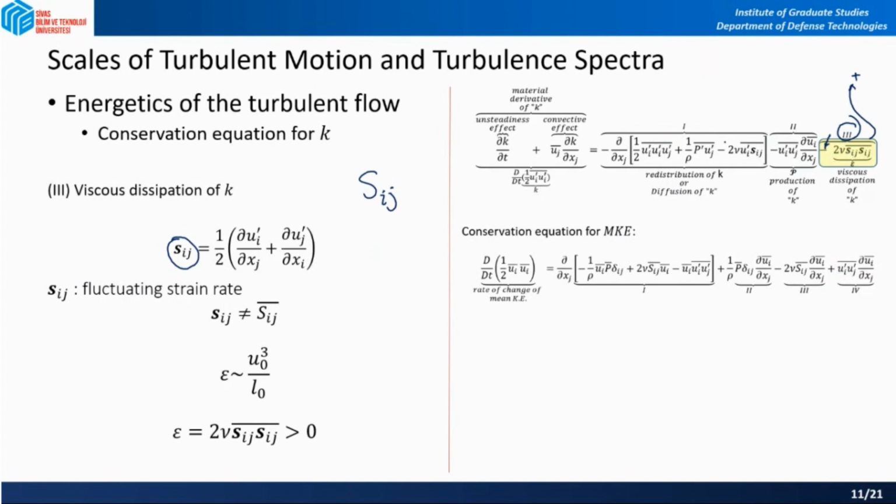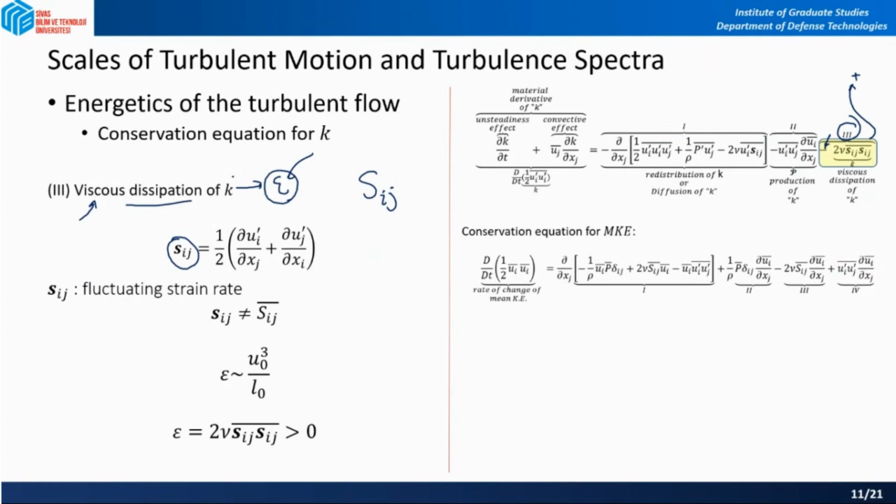We know it as the viscous dissipation of K, which we show as epsilon. This epsilon is the same thing that we talked about earlier in this section.